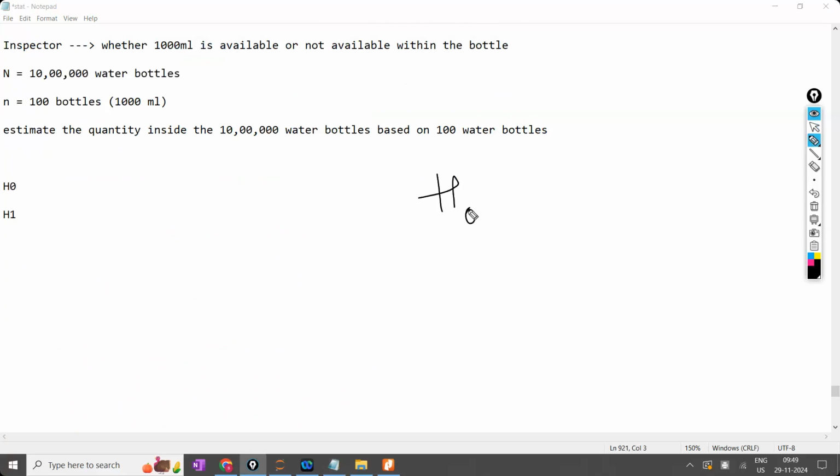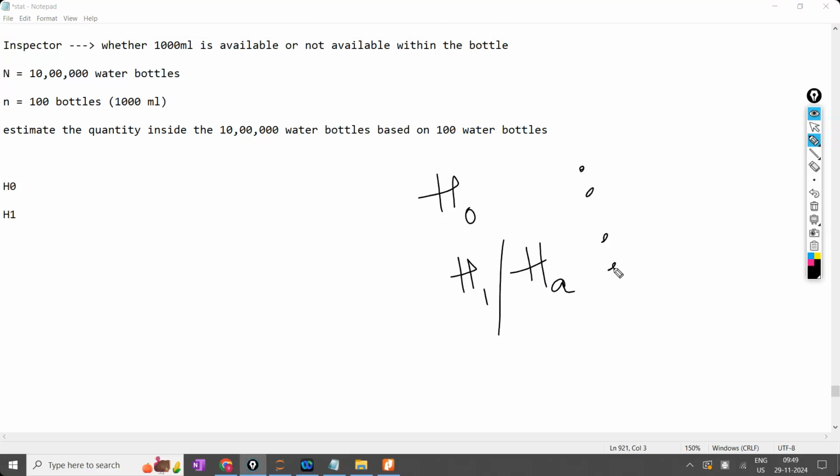Okay. Now the alternate hypothesis can be given as H1 or HA. H1 or HA, choice is yours. Either one, or the letter A. Okay. Now this is the null hypothesis.